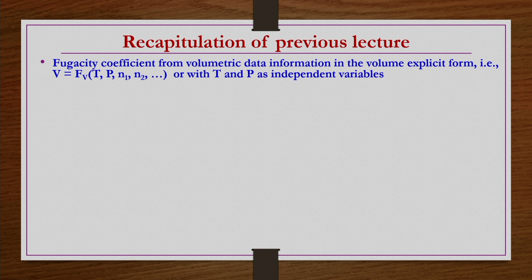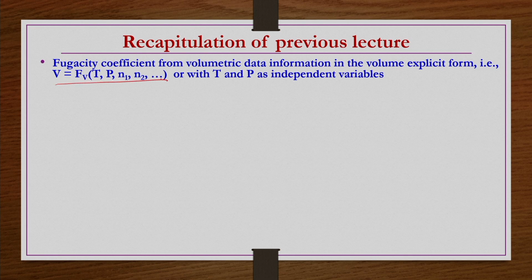In addition to that, we have also seen how to estimate the fugacity of a component in a mixture if we know the volumetric data in volume explicit form, that is V as a function of temperature, pressure and composition.